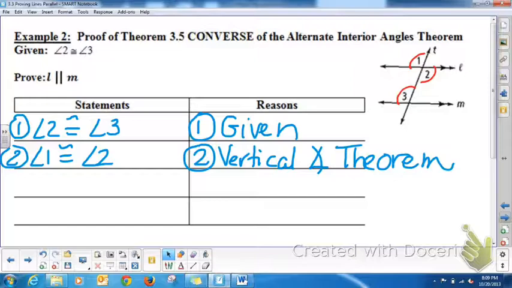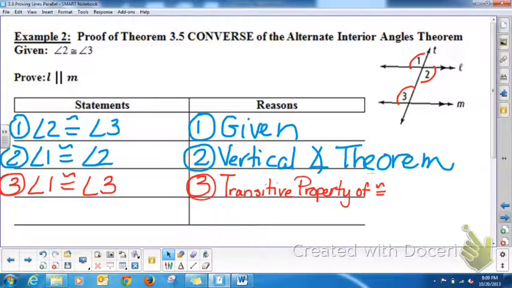Because 1 is congruent to 2 and 2 is congruent to 3, what can we say we know about angles 1 and 3? That's right, angle 1 is congruent to angle 3. Why? That's right, it's the transitive property of congruence. Well, last step. If we know that angle 1 is congruent to angle 3, what can we prove?